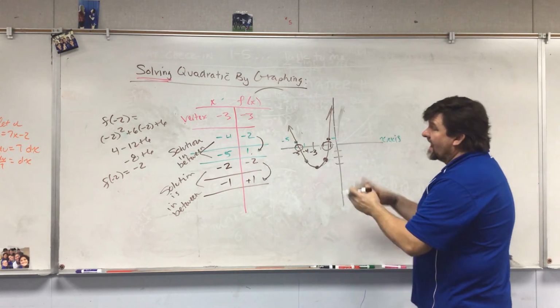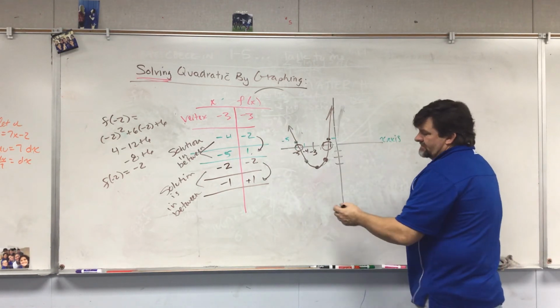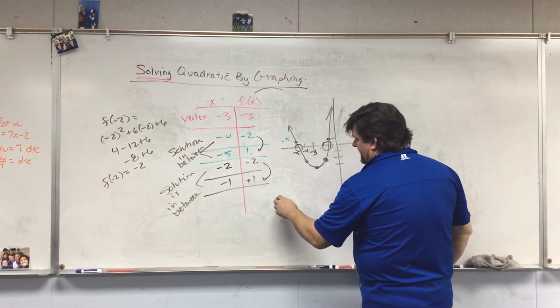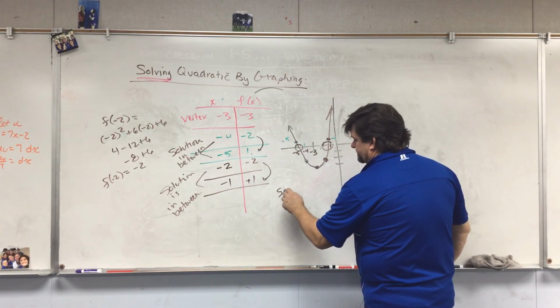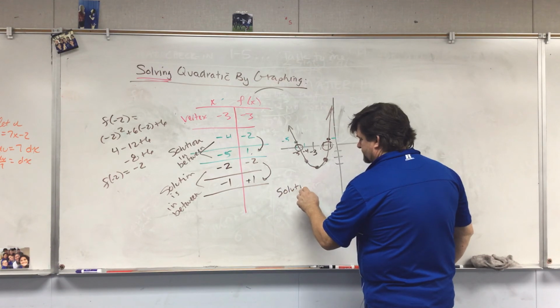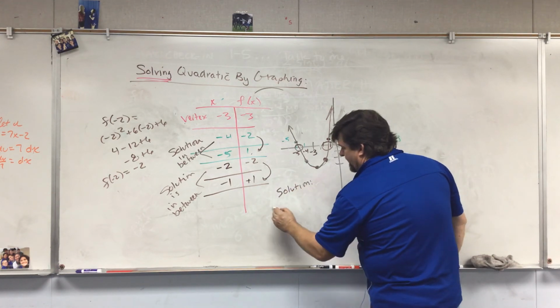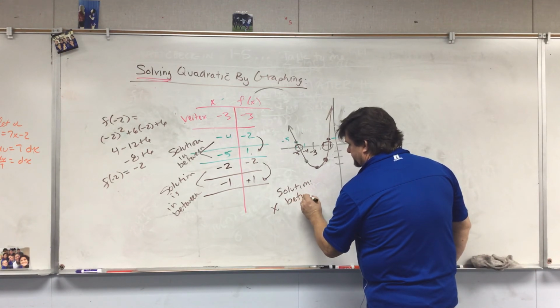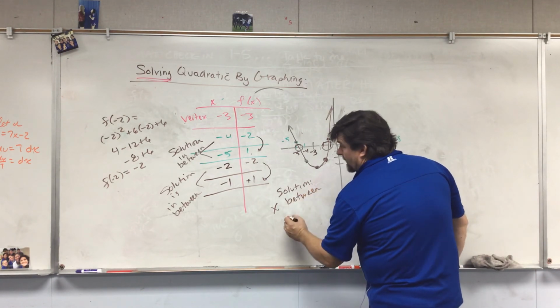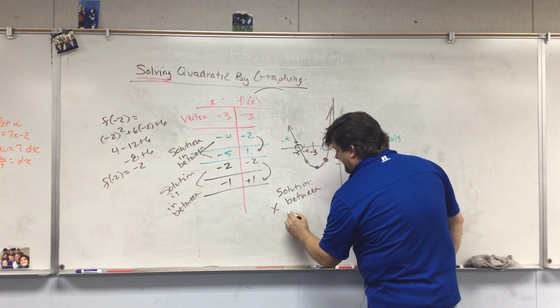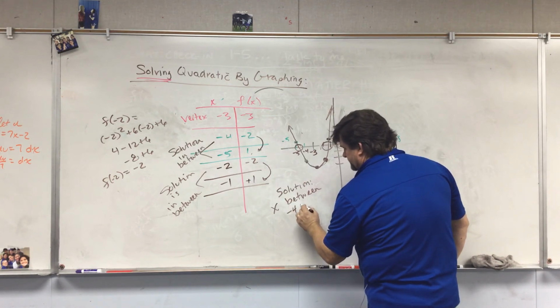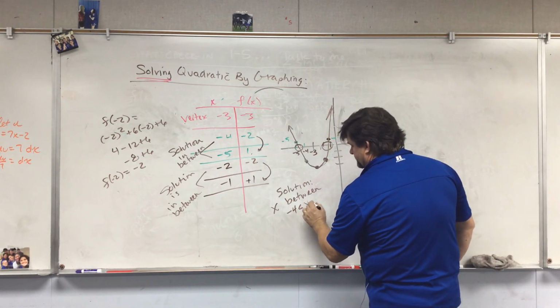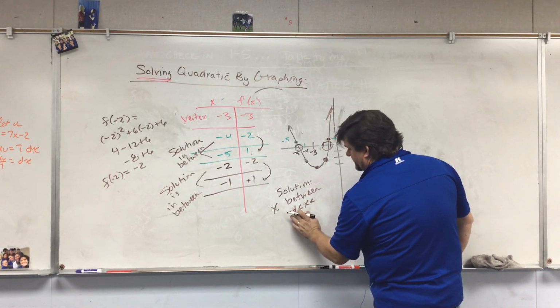So how do we write that by graphing? We write that by just saying, solutions: x is between negative 4 and negative 5. Oops, this is negative 5.